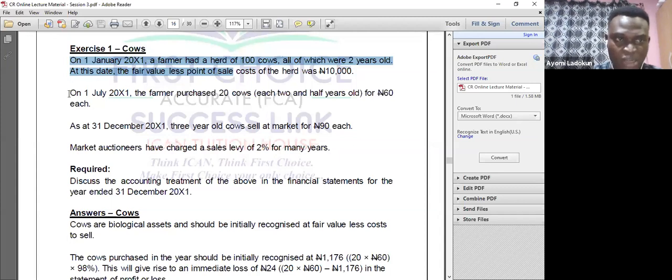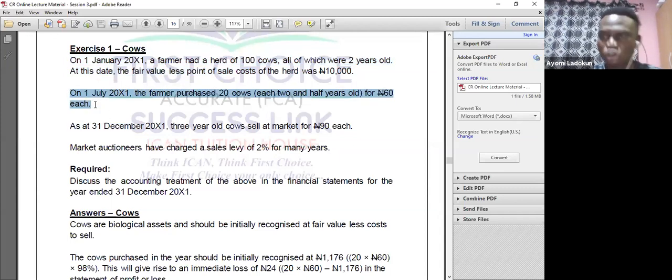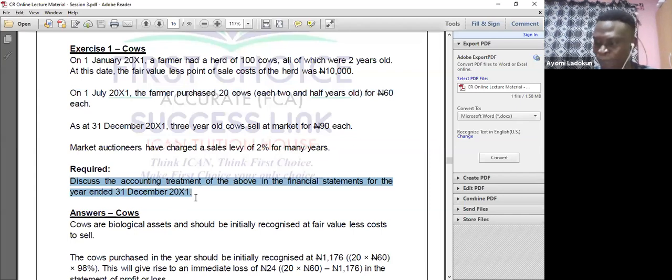Our concern was the new purchase during the year, which we need to initially measure at fair value less cost to sell. So we now go to the end of the year. What will now happen? Don't forget, on subsequent measurement, all biological assets have to be revalued to their fair value less cost to sell. So all of them.